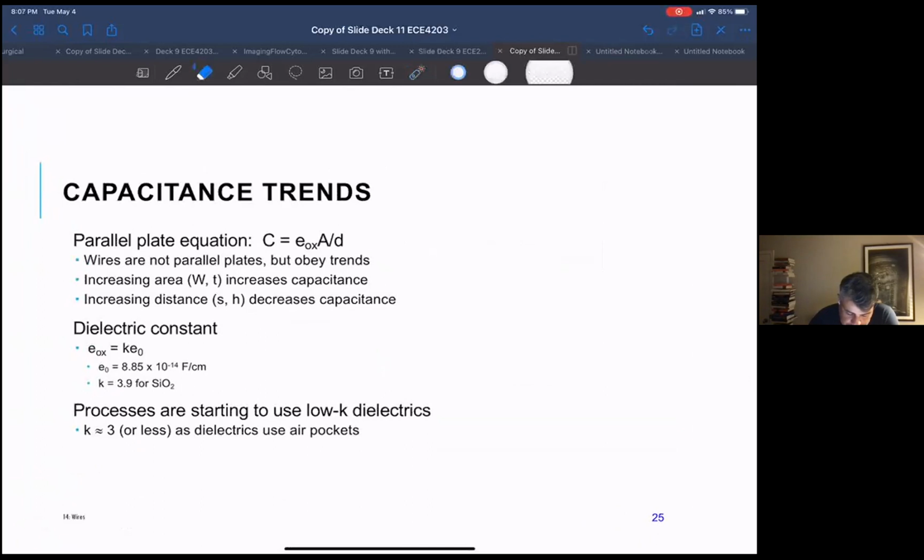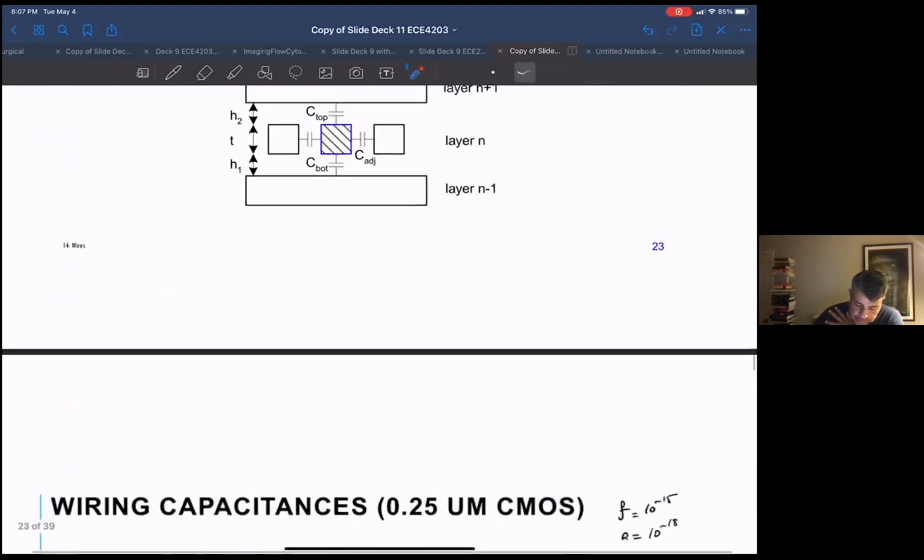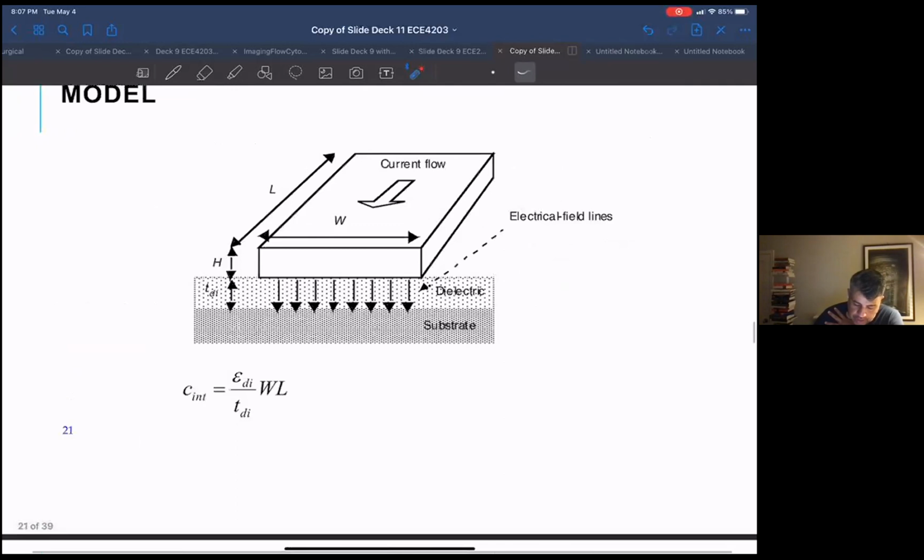Let's see what I want to say about this stuff. Another thing that you might hear about is that in older processes, the intermetal dielectrics were all silicon dioxide. We're always trying to reduce resistance and reduce capacitance. And the higher the dielectric constant of the material, the dielectric we're talking about, the more the capacitance.